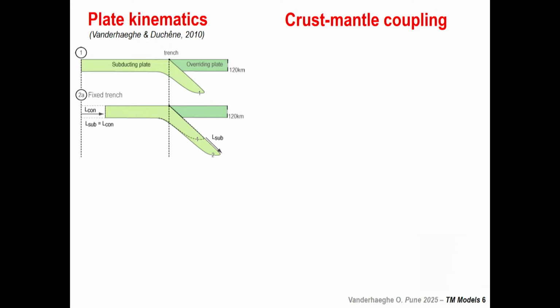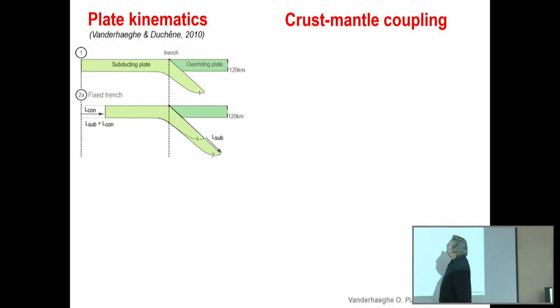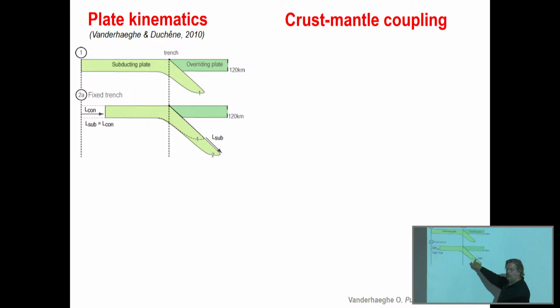So let's look at plate kinematics in a very simple way. I just drew that with a pen on a paper. So the first hypothesis is that this point in between the overriding plate and the subducting plate is fixed, and that corresponds to the trench. In that case, the length of convergence should be correlated to the length of subduction.